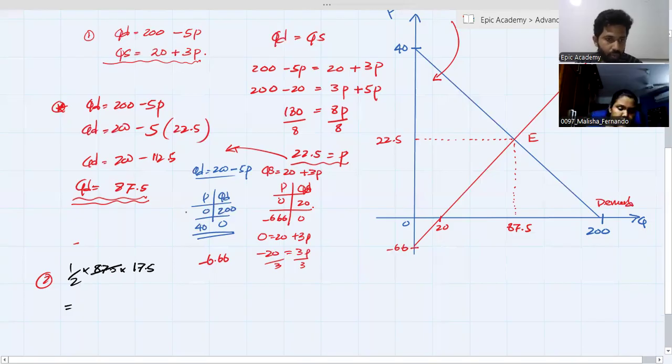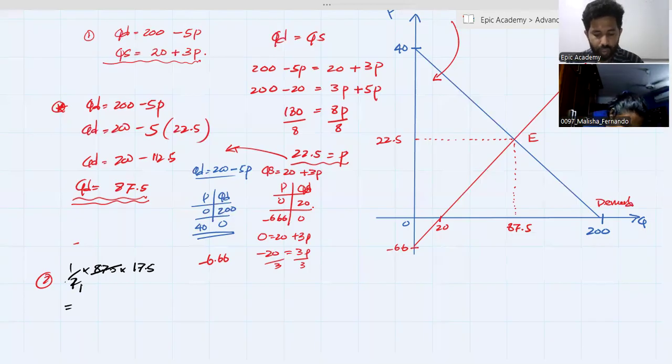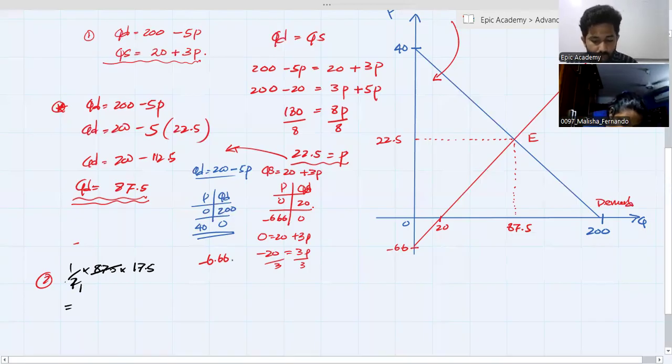Okay. Now 87.5 divided by 2, it becomes 43.75. 43.75 multiplied by 17.5.